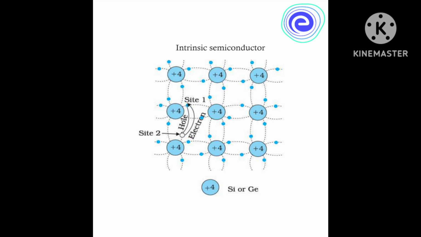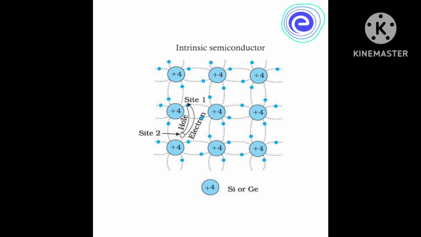show marked differences in electrical properties. Here again important things are there. Transition metal oxides show marked differences in electrical properties. For example, titanium oxide, TiO, chromium oxide, CrO2, and rhenium oxide, ReO3.